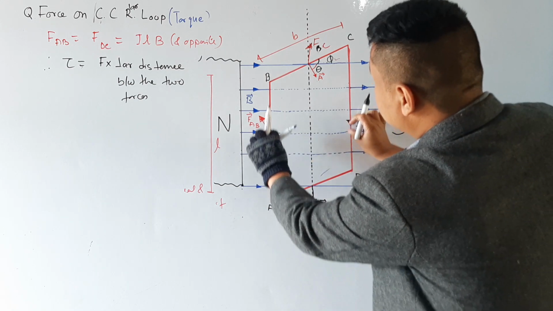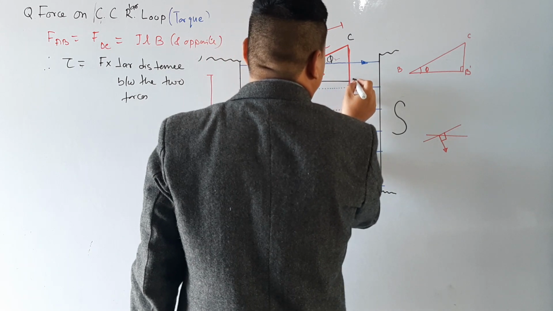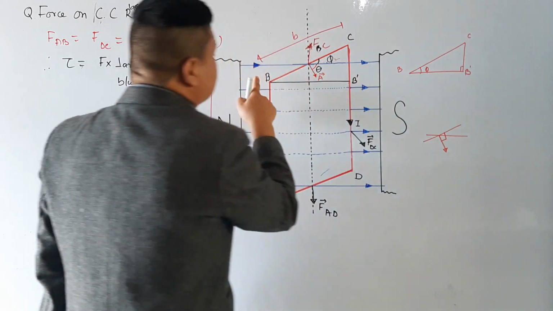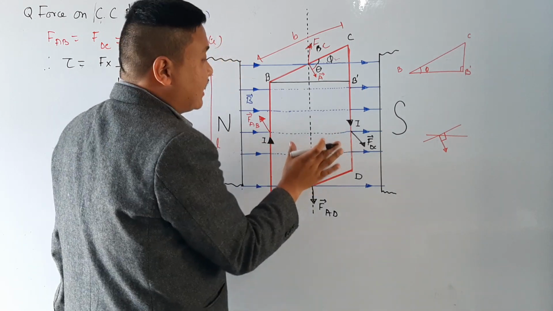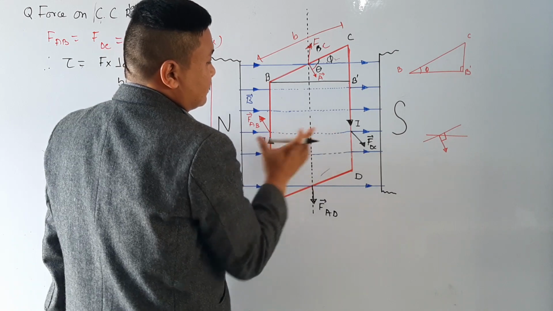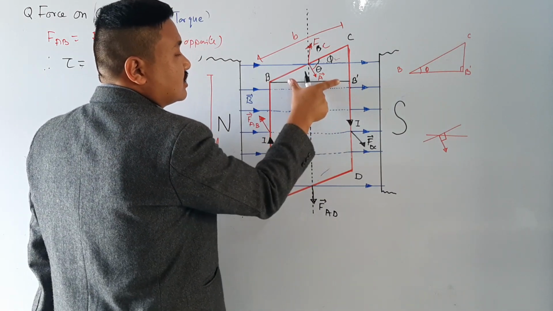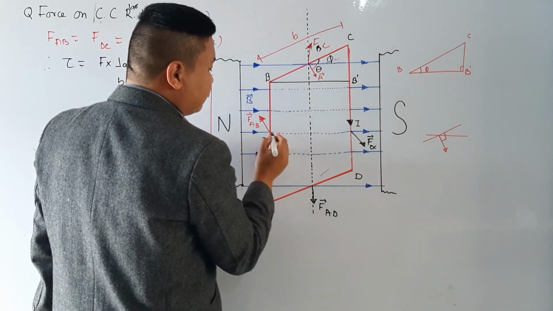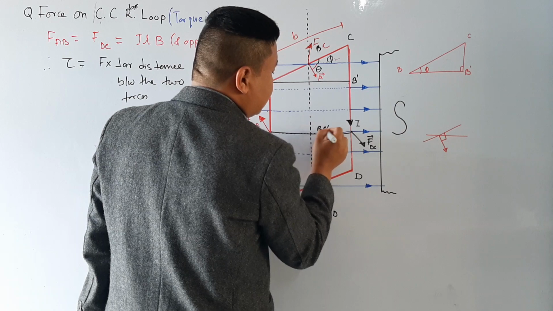So I want to find this distance. Now if I shift it here, and let me write this as B dash. So B dash will be equal to this distance, okay? And I want the perpendicular distance between this and this. And the perpendicular distance, this is equal to this, isn't it? This is also my B dash, isn't it?